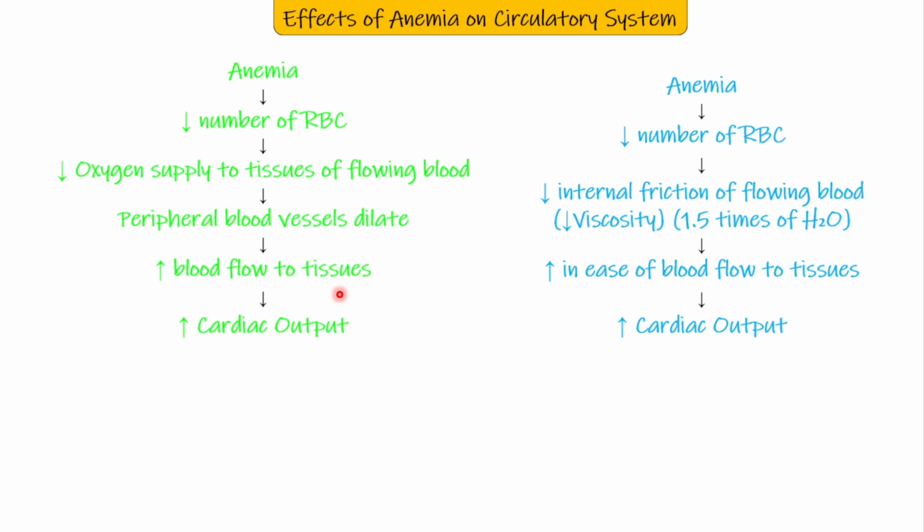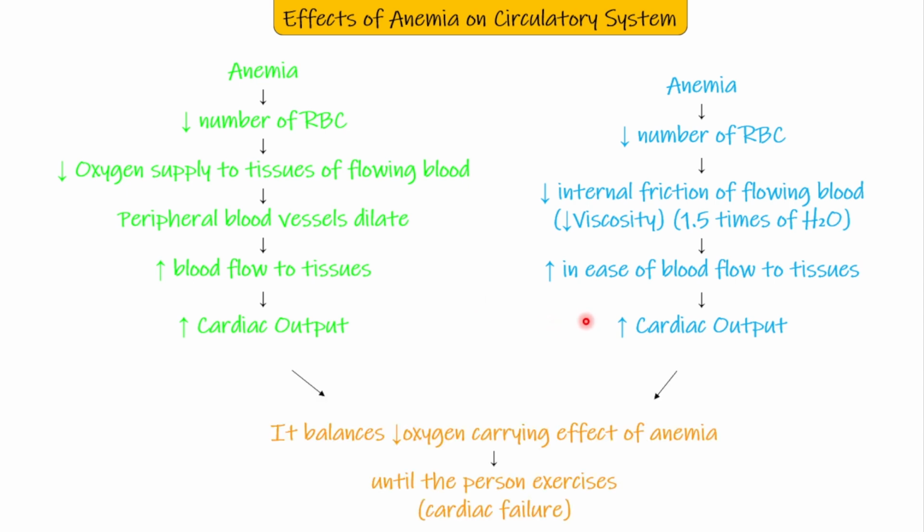And in order to keep the increased flow of blood to the tissues, cardiac output has to increase. So by this mechanism, cardiac output is also increased in anemia. So there are two mechanisms of increase in cardiac output because of anemia. One is the decreased friction, and the second is vasodilation because of decreased oxygen supply.